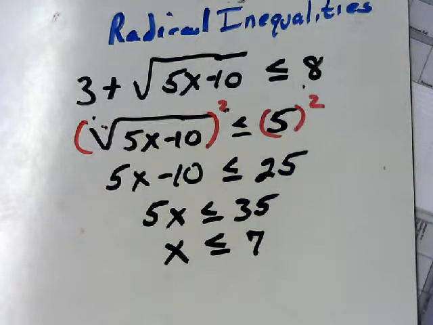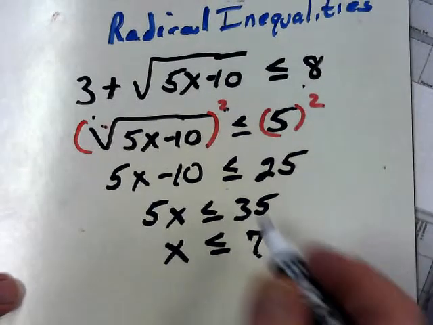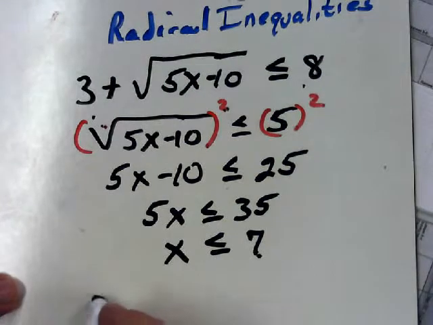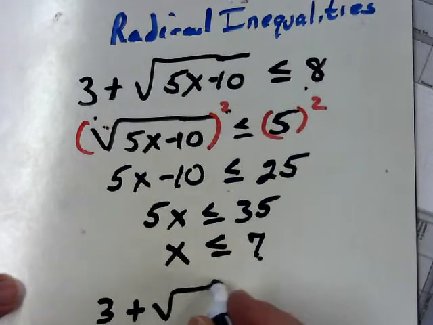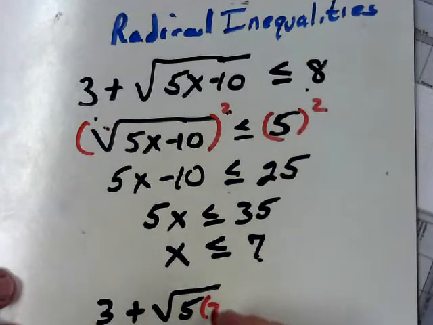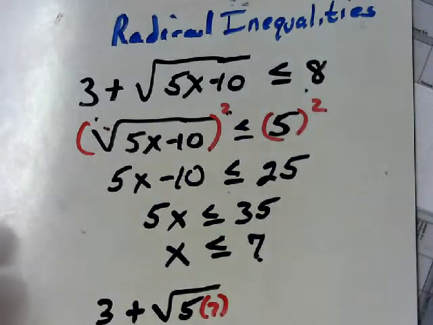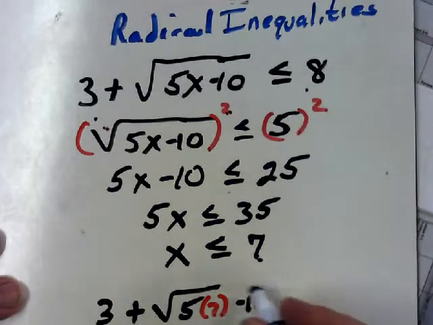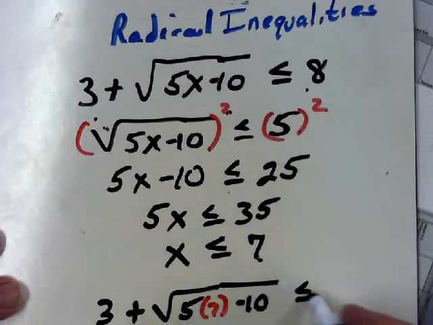With radical inequalities, there's two things that I have to do. Yes, I will ultimately take this 7 and put it back into the original, so I'd have 3 plus 5 times 7 minus 10 is less than or equal to 8.